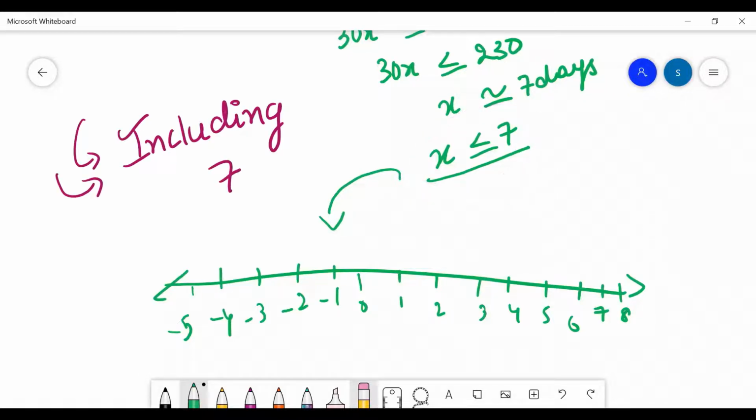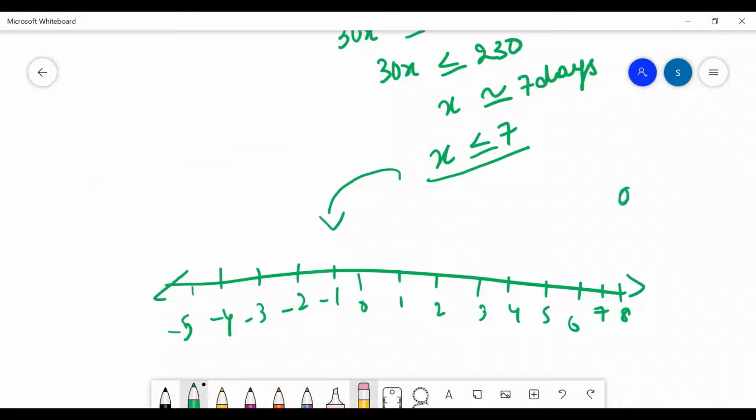Since it's including the value 7, I'll use this symbol. It says less than or equal to 7, so it represents the left side of the symbol. This is how you represent it on the number line: put a dot and draw a line to the left side of 7.